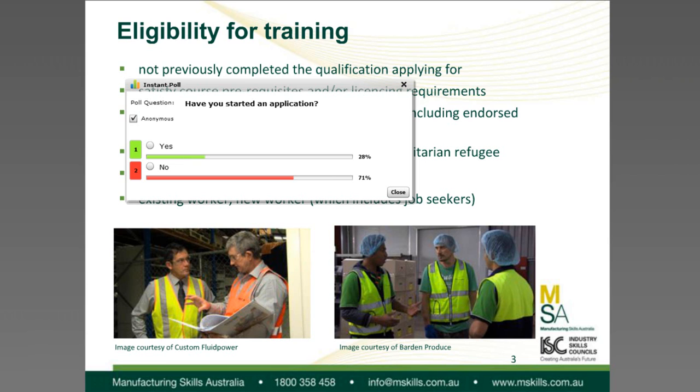Okay, so there we can see a good percentage haven't, so that's great. Yep. Some people have. About even 1 to 3 split. Yeah, so we've got 26% who have some kind of an application going and 73% who have not done any. So quite a few people that may be considering an application. That's correct. That's great.